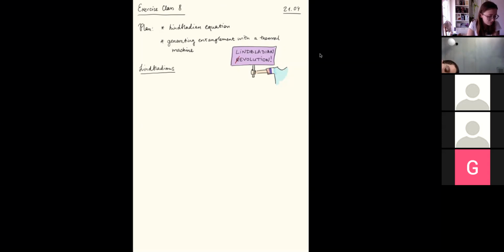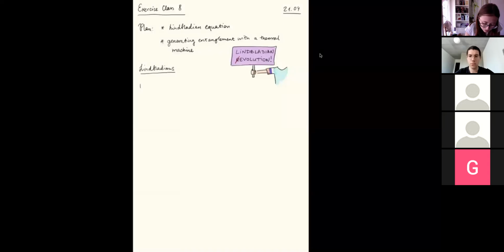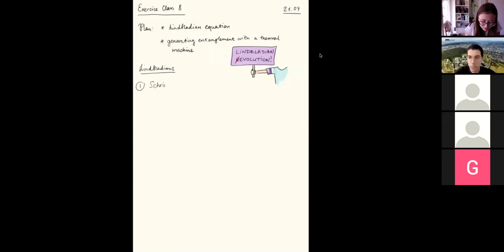So to start with Lindbladian evolution, the first thing we will look at, we'll start from a very easy consideration, and we'll just look at the Schrödinger equation for mixed states.